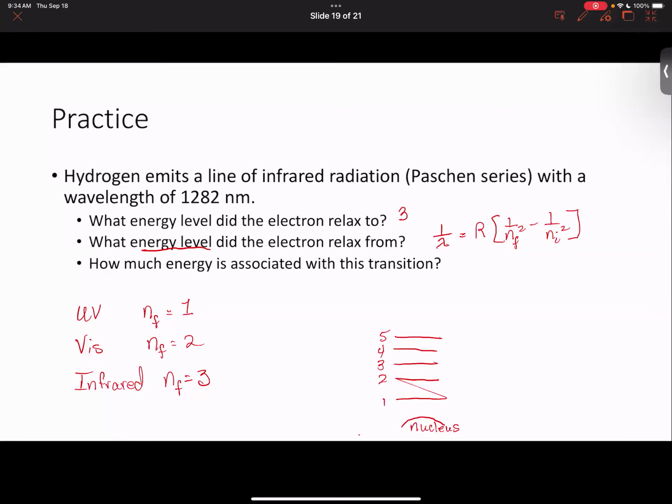What it means is that an incident beam was shined on this electron in hydrogen, and it caused the electron to bounce to energy level 5. Then when the electron relaxed from energy level 5 down to 3, a wavelength of light equivalent to 1,282 nanometers was obtained.